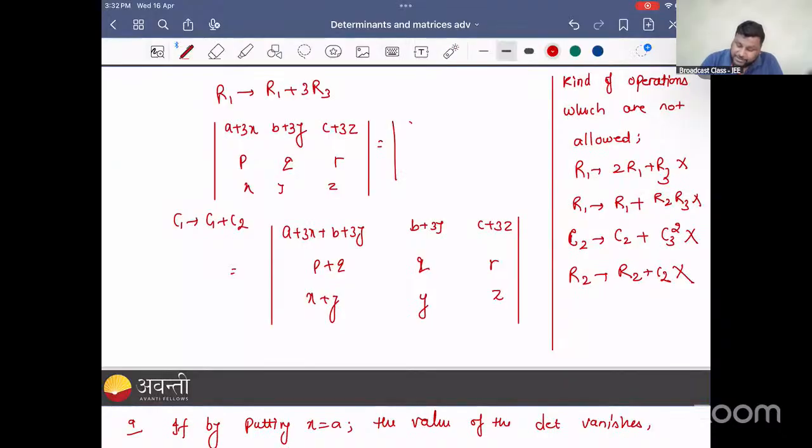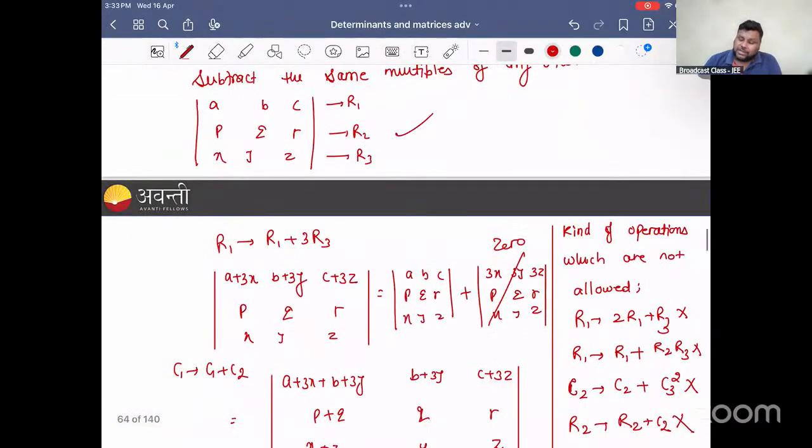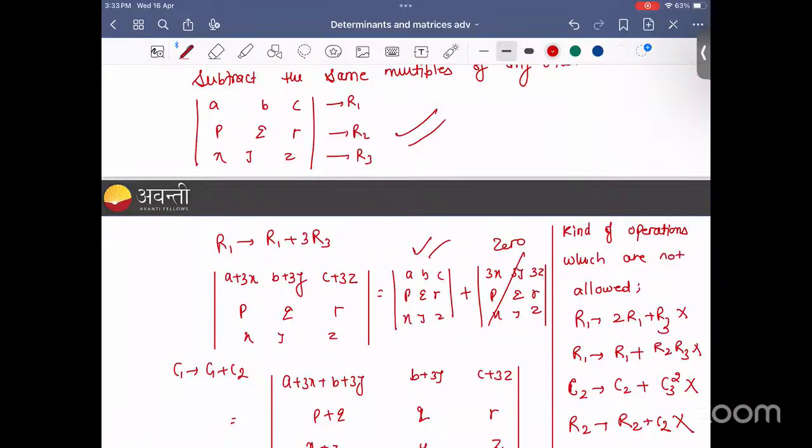This one you split: one will be A, B, C, P, Q, R, X, Y, Z. The other will be 3X, 3Y, 3Z, P, Q, R, X, Y, Z. If you take 3 common from the first row, it will be X, Y, Z, X, Y, Z in the first and third rows, so that value will become 0. So the determinant value here is the same as the original. The value of the determinant does not change. Understood now? Yes, sir.